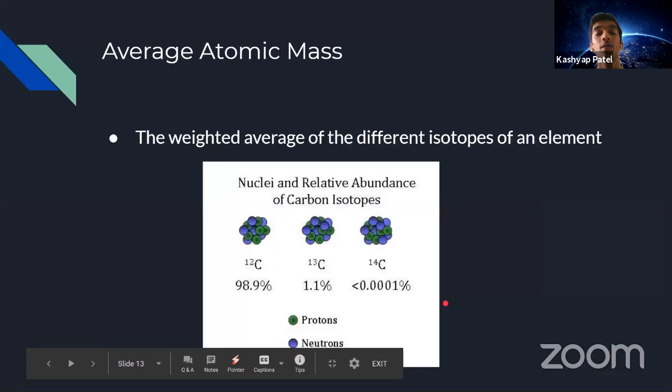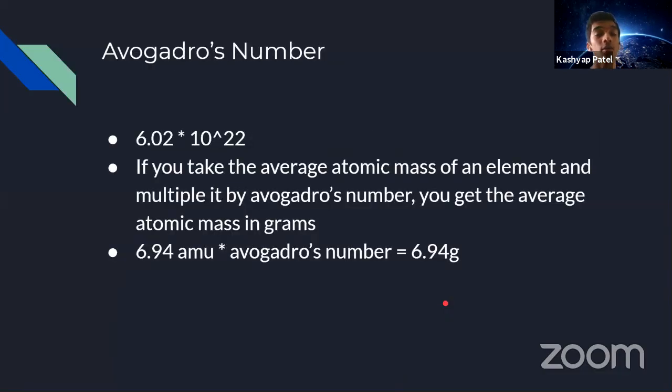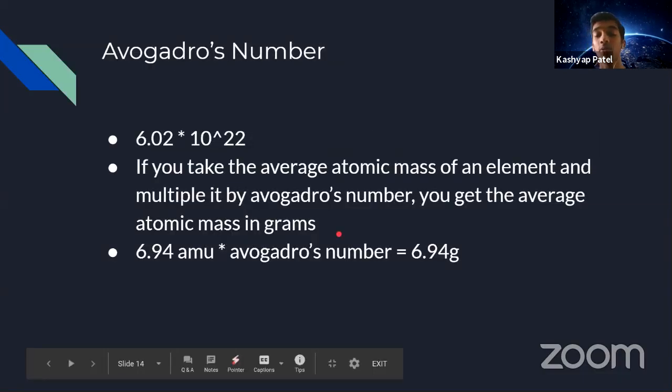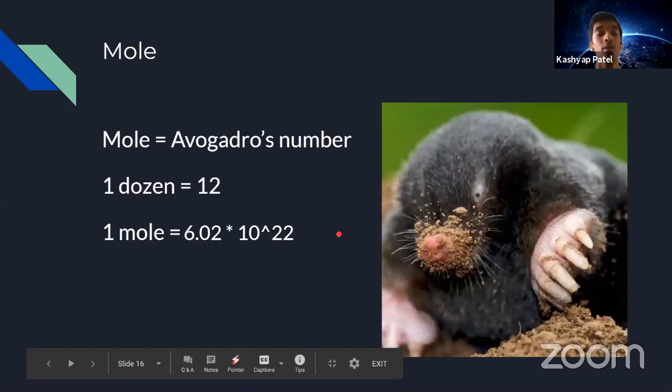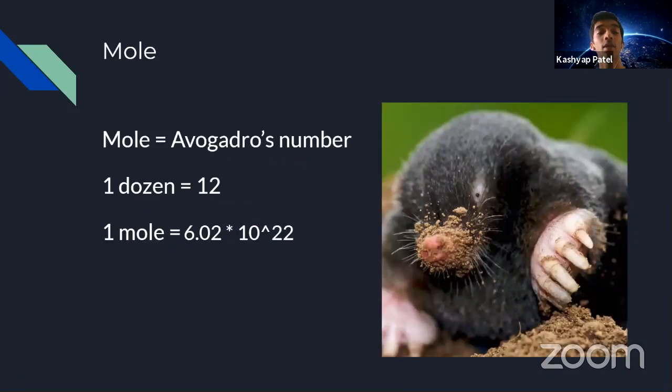Now, going into Avogadro's number, if you take 6.02 times 10 to the 22 atoms of carbon 12, and carbon 12 weighs 12 atomic mass units, right?